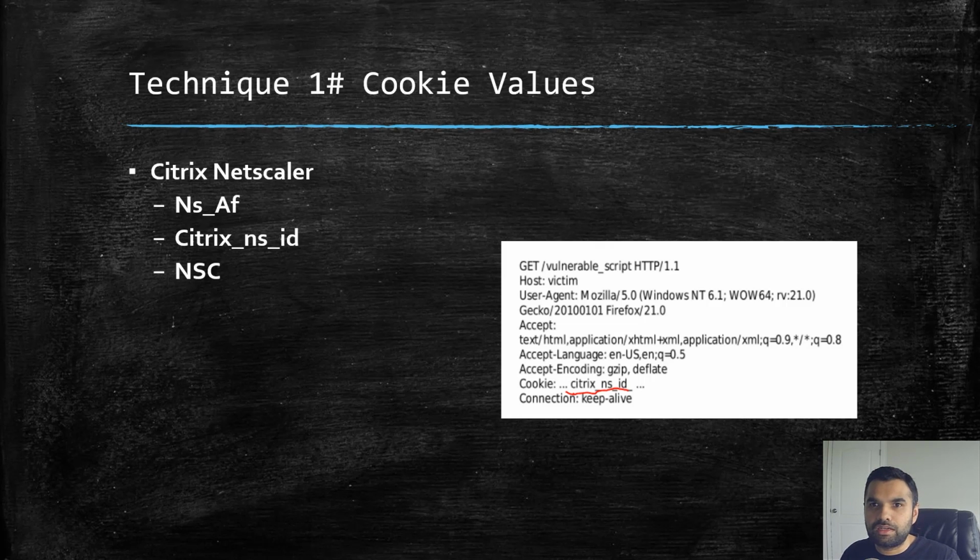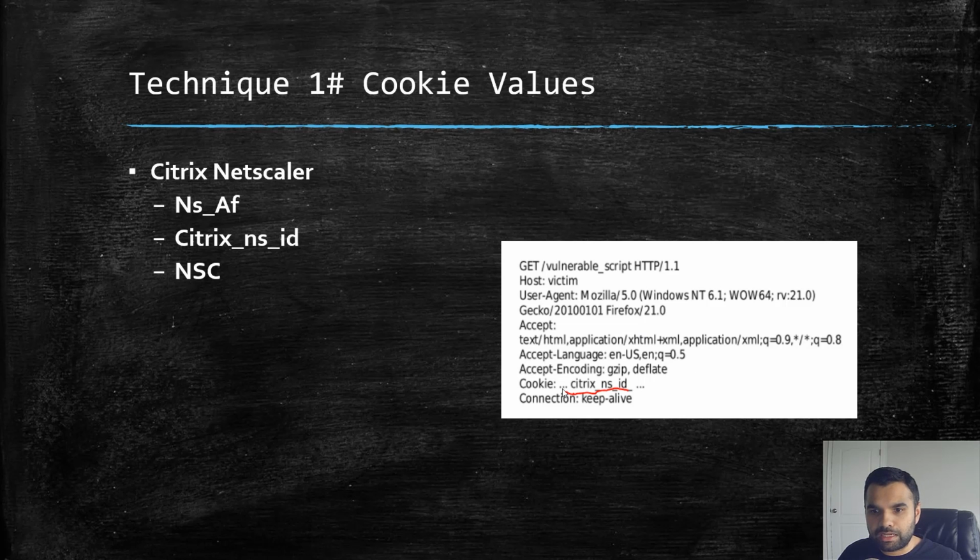Usually as pen testers, we tend to focus on the session tokens and session cookies, but sometimes it is worth spending time looking at the different cookie names that the application is showing us. So for example, if they are using Citrix NetScaler, you could see cookie names such as ns_af, Citrix_ns_id, or NSC.